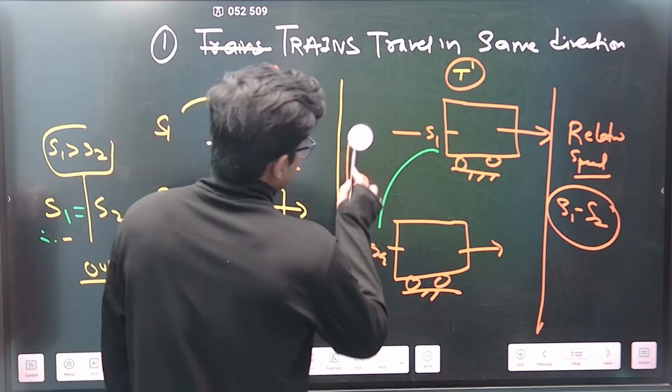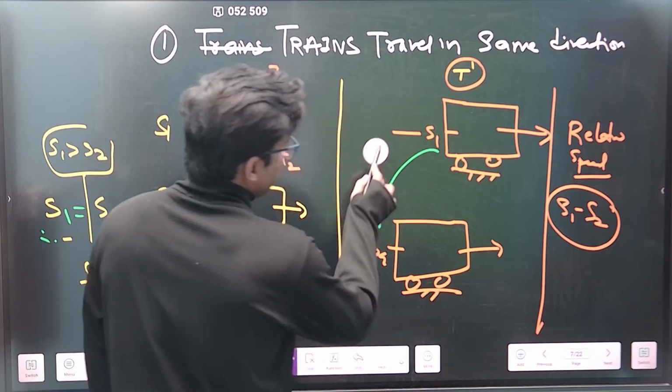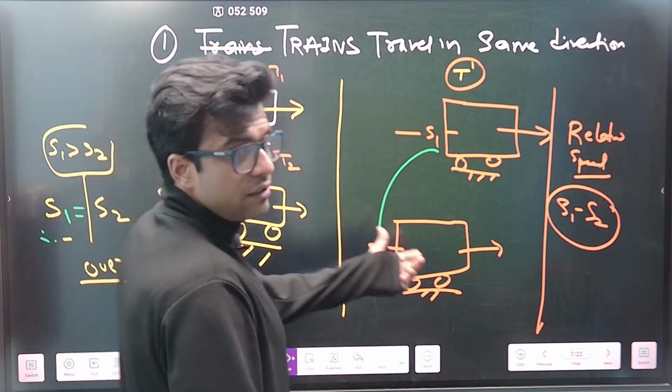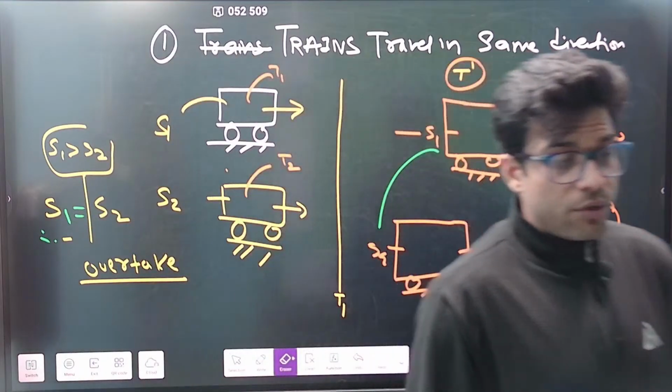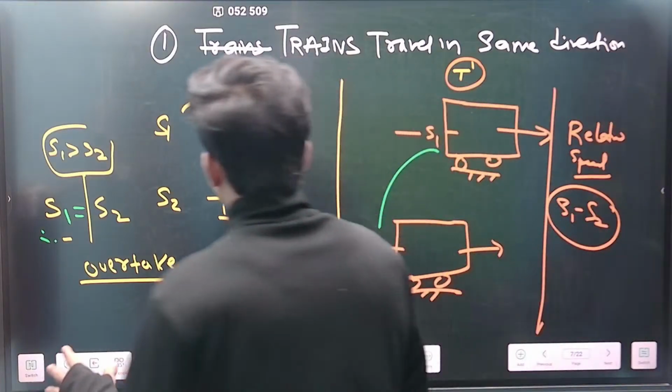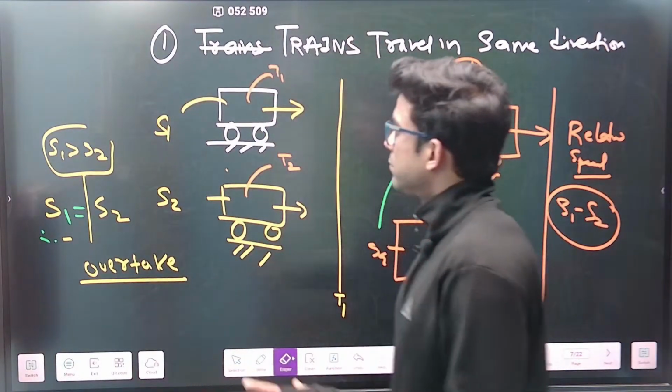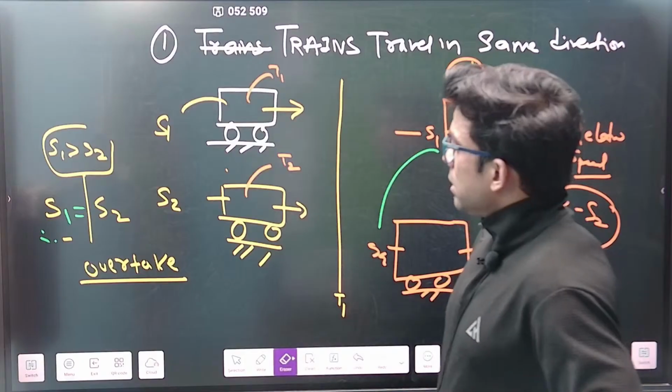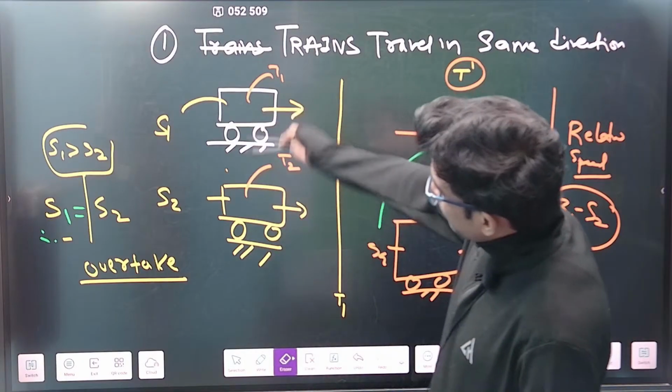Let me explain one more time so that you can understand, because guys, everyone should learn these things. I don't want you to watch me and not learn; you should exactly understand. Suppose in a time span T, both the trains are parallel to each other.